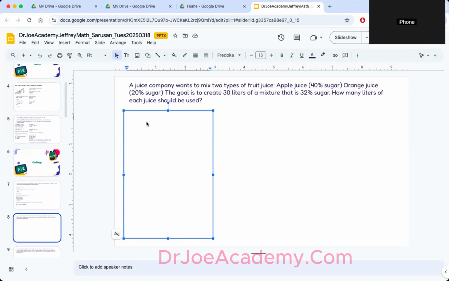I think I know how much we should use, but I don't know how to turn it into an algebraic equation.